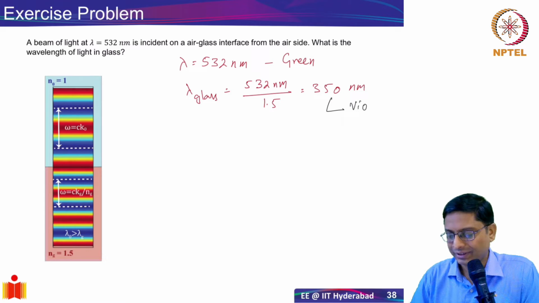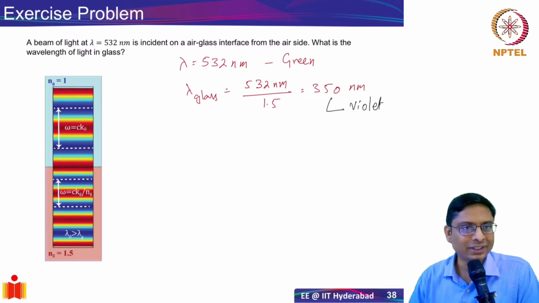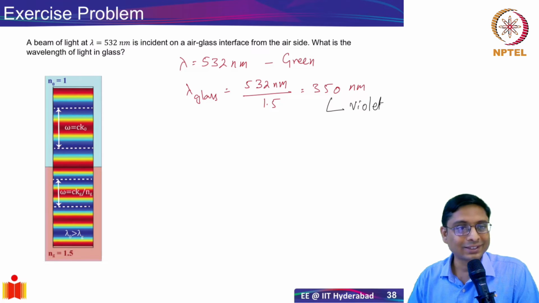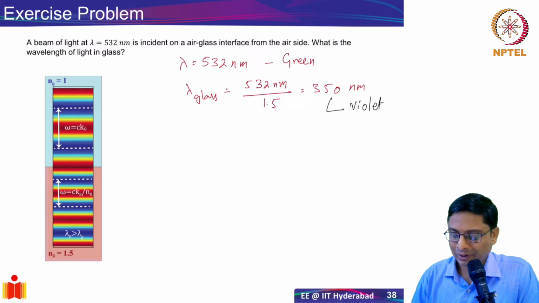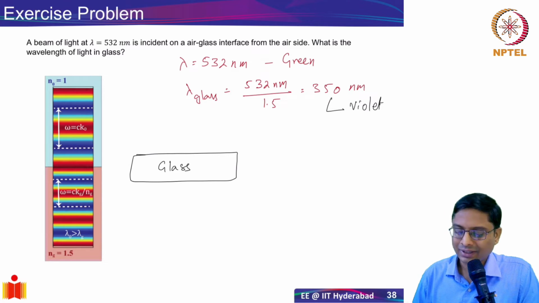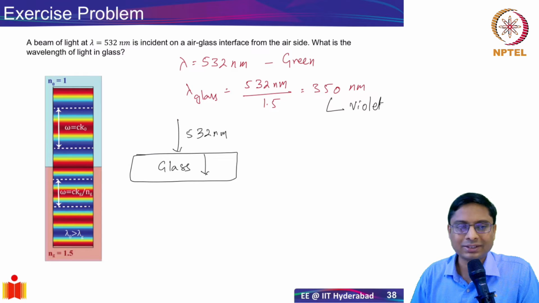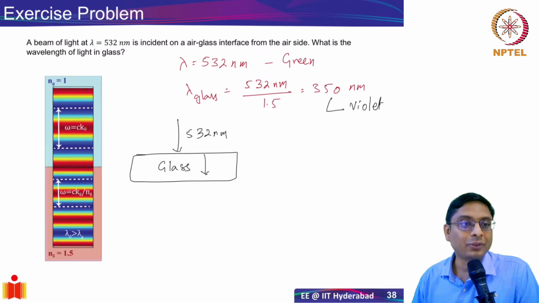Violet. So does green light incident on a medium become violet light? Well, that is not true, because it also doesn't make sense. If I take a block of glass and I'm coming onto it with 532 nanometers, the moment I go into this, the green light cannot become violet light.